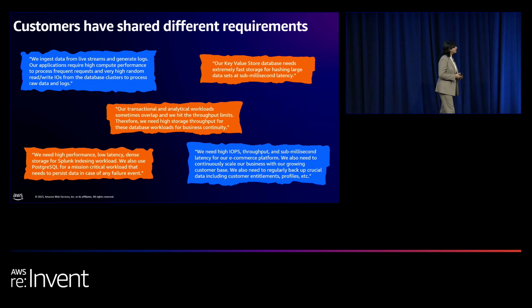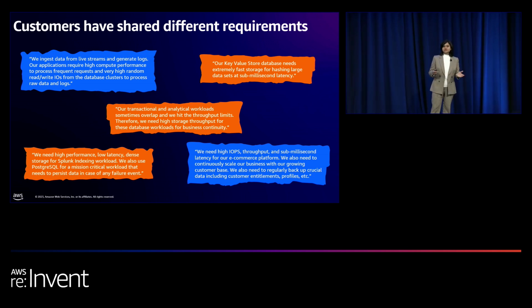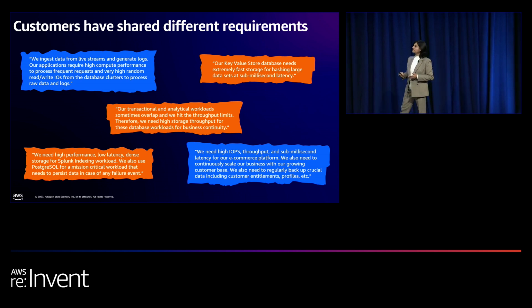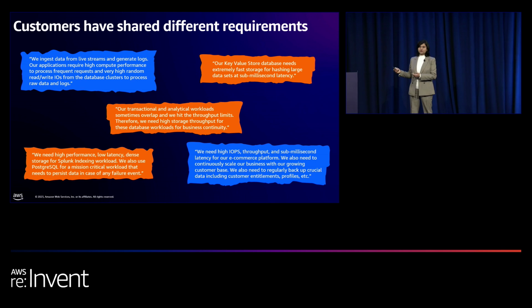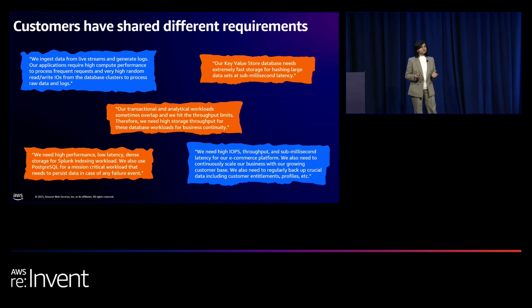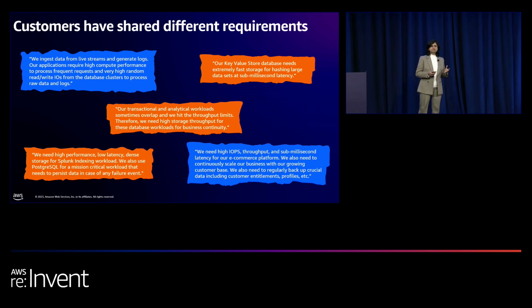Now, with those applications and workloads in mind, let me talk about what we have been hearing from our customers. These are some real customer examples of what they have told us about their requirements. Some of the customers have random IOPS and really high throughput at the top of their mind. Some of them have very latency-sensitive workloads, and they really care about millisecond kinds of latency.